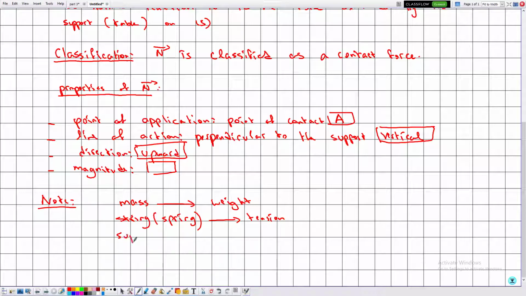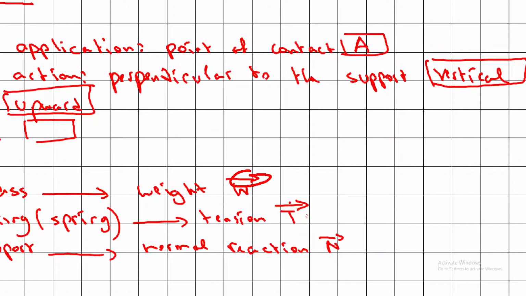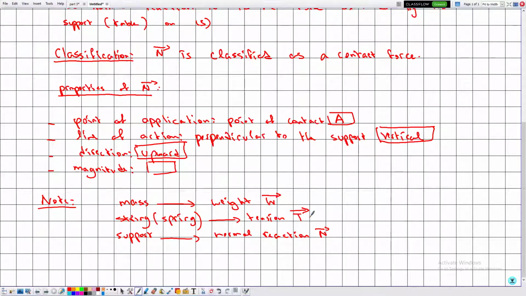Whenever we have a support, by the support I mean a table, we have the normal reaction. Here by the weight we are talking about the W vector, by the tension the T vector, and by the normal reaction the N vector. And we don't forget these vectors on these quantities.